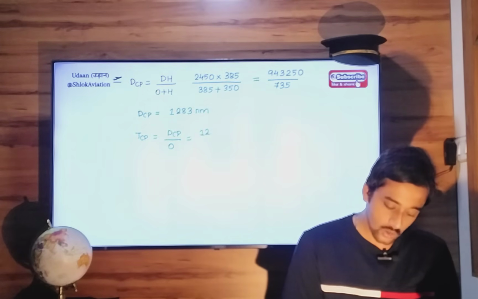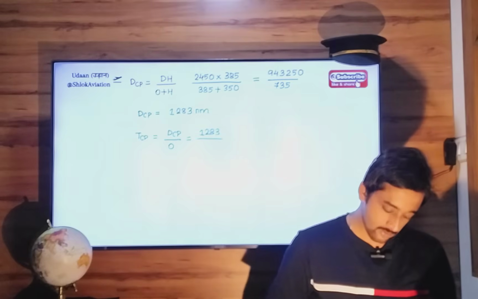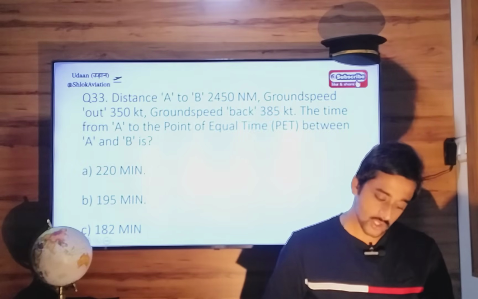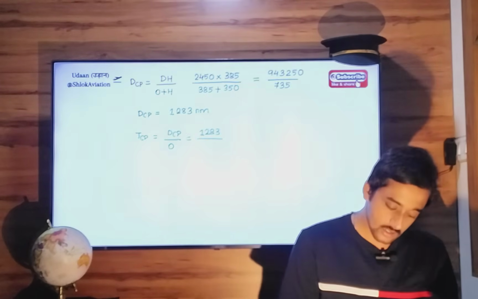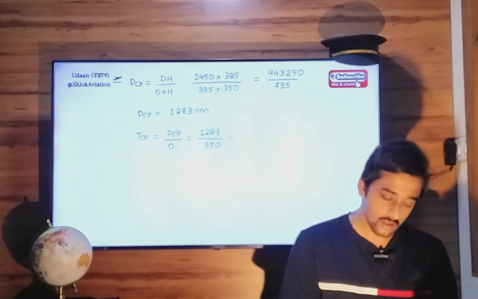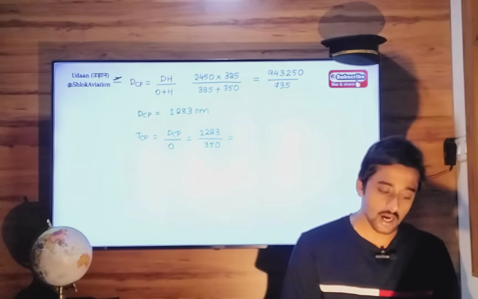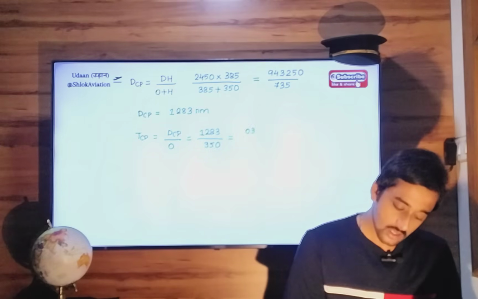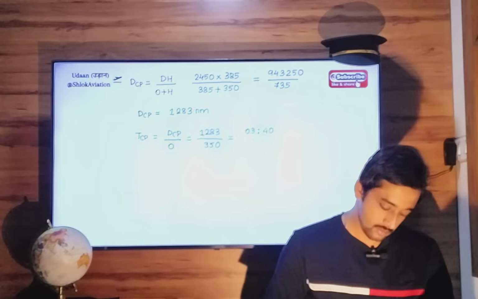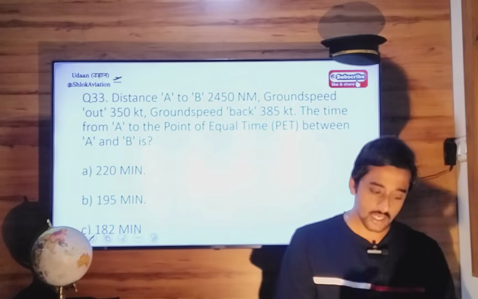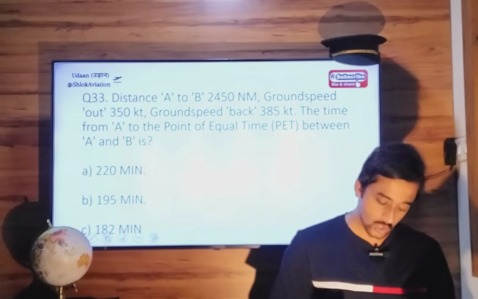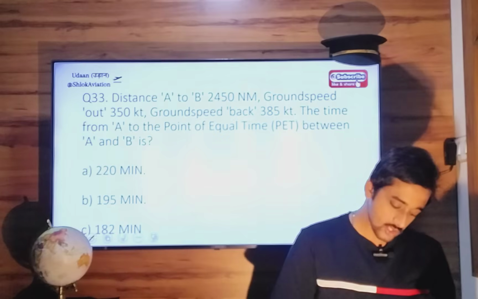So 1283 nautical miles divided by outbound speed 350 knots is equal to 3 hours 40 minutes, which is 220 minutes. So option Alpha.